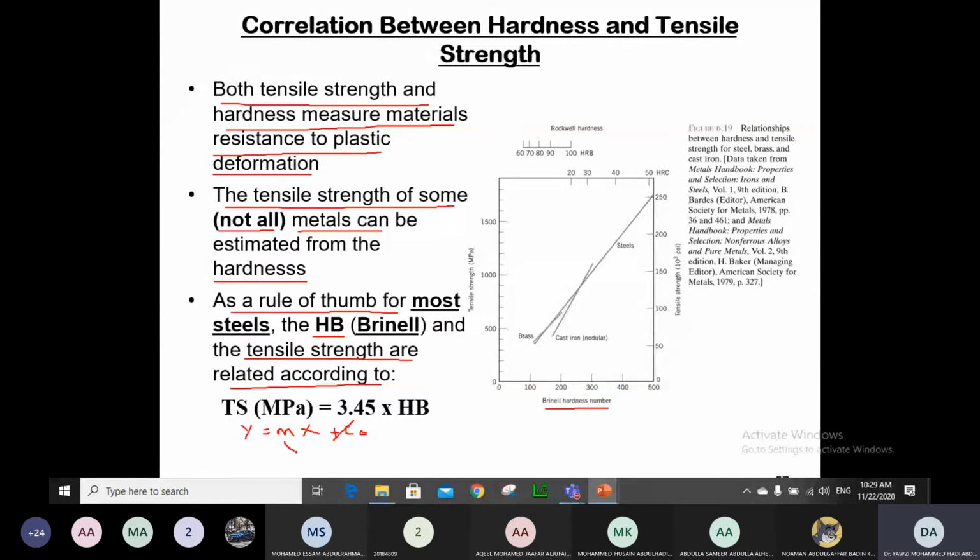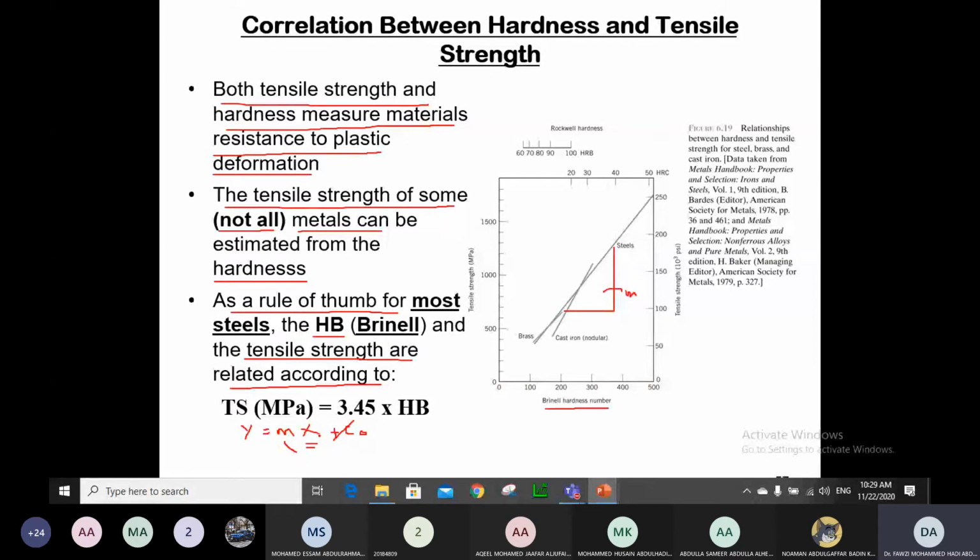m is the slope of the line, so we can determine the slope of this line, which will give us the m. Therefore, very simply, we can determine the tensile strength, which is the y, using the slope if we have the Brinell hardness number.